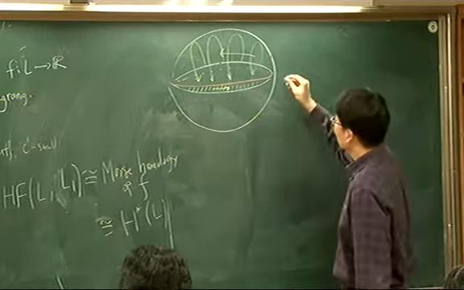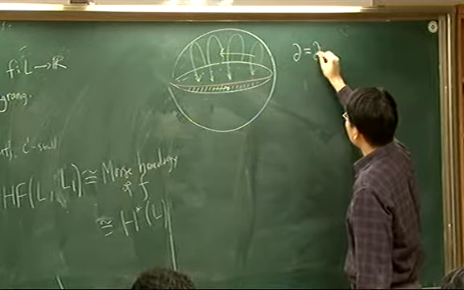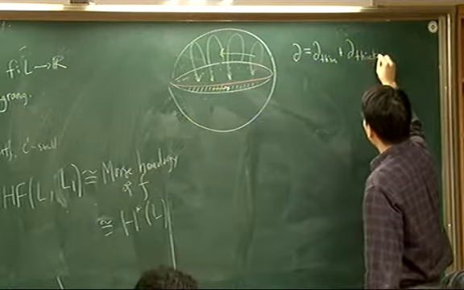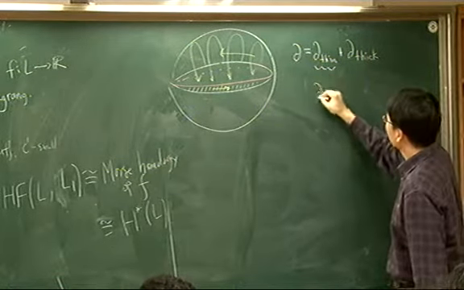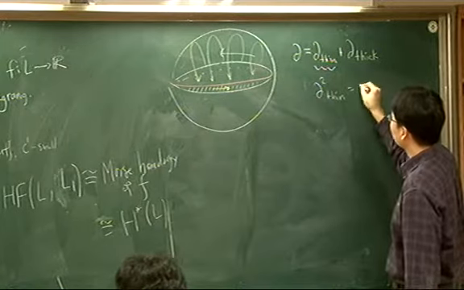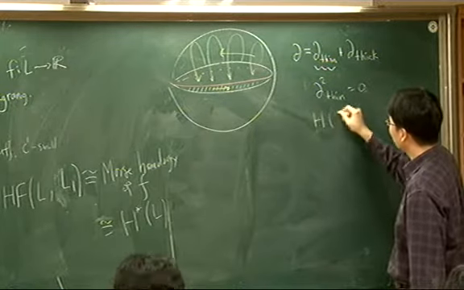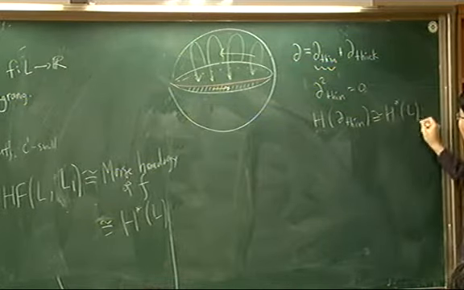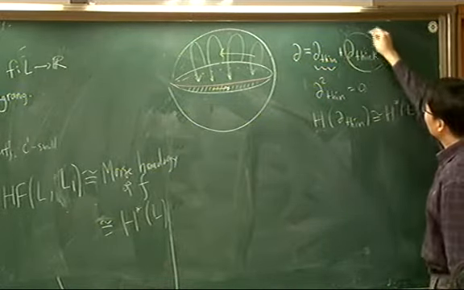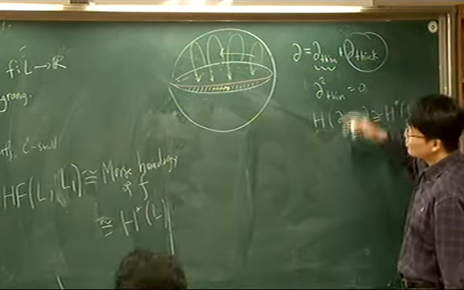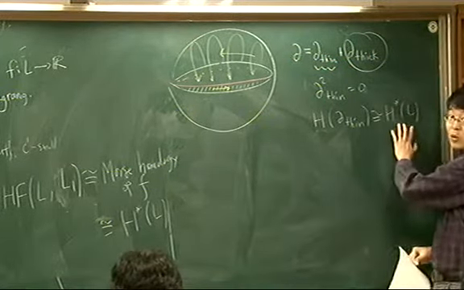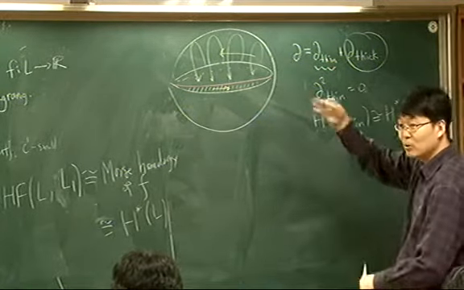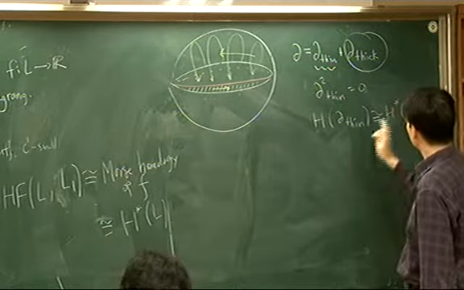So the differential is the differential thin plus the differential thick. And this one is 0, and the homology of this thin one is equal to just the homology of L. So somehow this thick one changes the ordinary homology to something which contains information about the Hamiltonian geometry of the Lagrangian manifold.